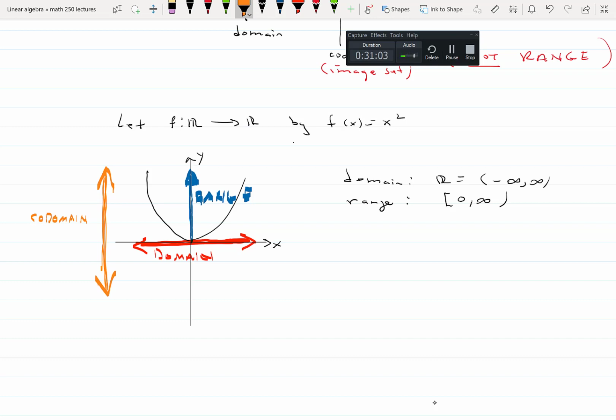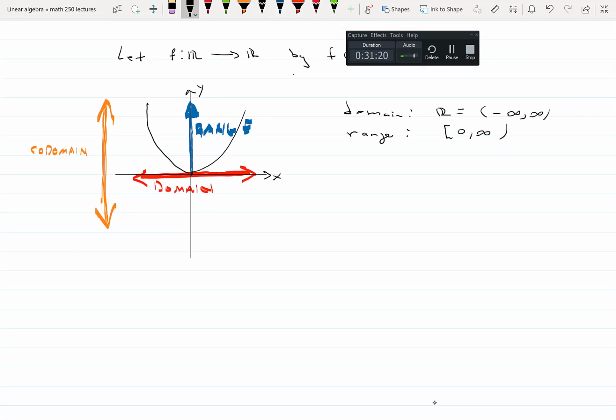The specific set of values in the codomain where these y values actually end up is called the range. So the range is the part of the codomain that gets used by the function.